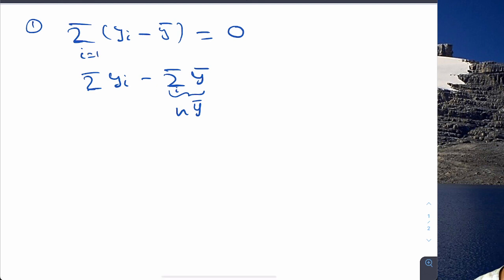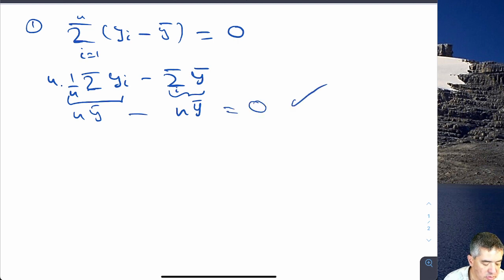These are all sums from 1 to n as always, and then the term on the left is almost the mean if I put a 1 over n in front of it, which I need to compensate for. So if I multiply and divide by n, this right here is the mean. And now I have that the first term is n y bar minus n y bar, equal to 0. So this checks out pretty easily.